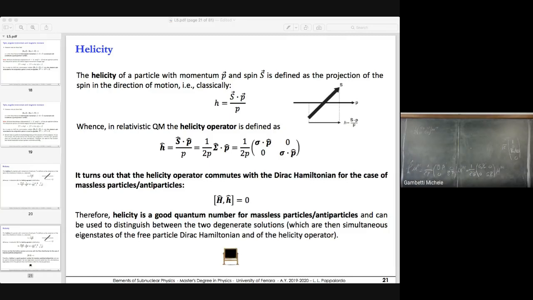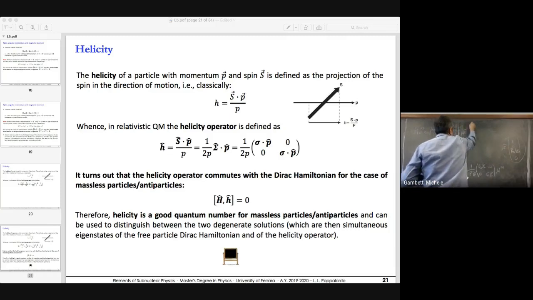Let's now put this into the form of a 4x4 matrix. So we now substitute the explicit expression of the Pauli matrices and also the solution of our spinor. So this is 1/2 times the matrix with entries 1, 0, 0, 0, 0, minus 1, 0, 0, 0, 0, 1, 0, 0, 0, 0, minus 1.